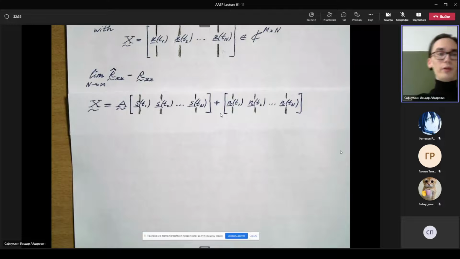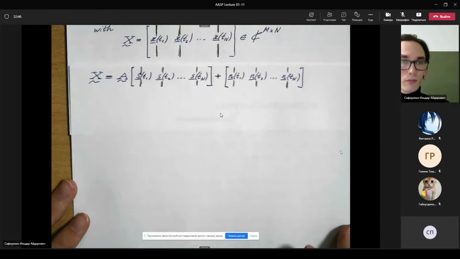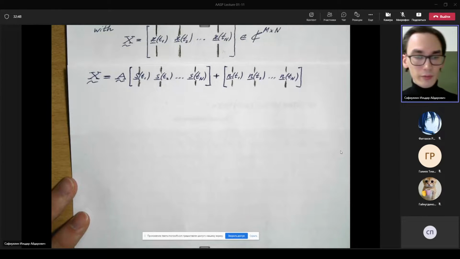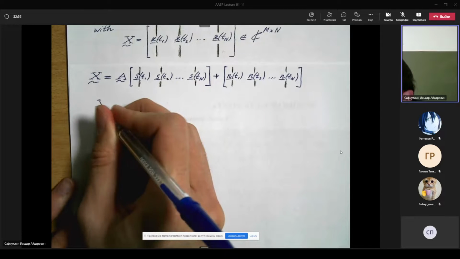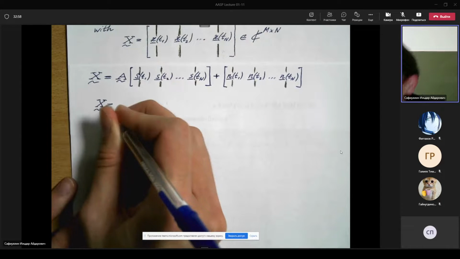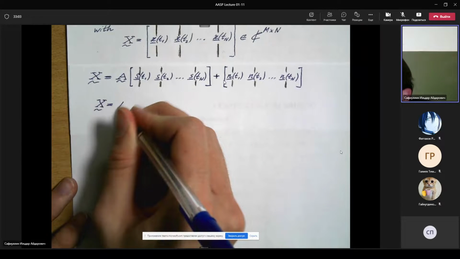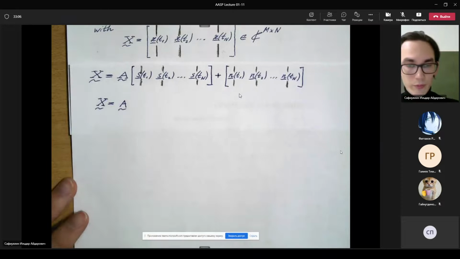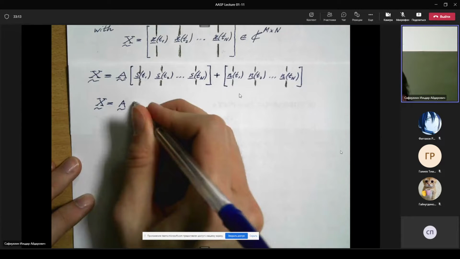This equation we can rewrite using matrices. Then we'll have, let's say, short notation of this equation. X is equal to the multiplication of array steering matrix with signals from sources for all these time snapshots or experiments, let's say.